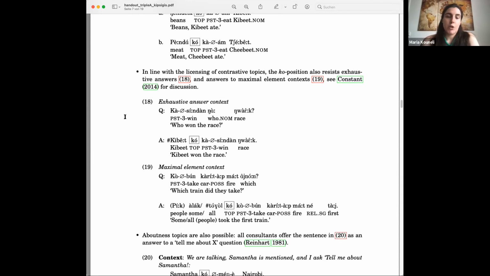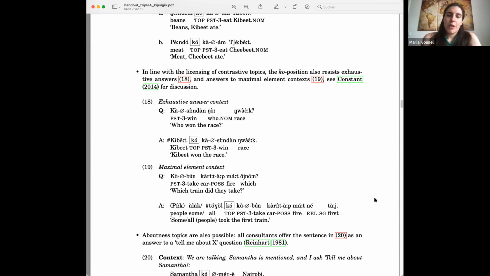Similarly, the position is infelicitous in the maximal element context. So we see in 19, which train did they take? And here you can answer by saying some ko took the first train, but you cannot answer by all ko took the first train. And so these are contexts that have been claimed to be incompatible with contrastive topics. And this is borne out in Kipsigis.